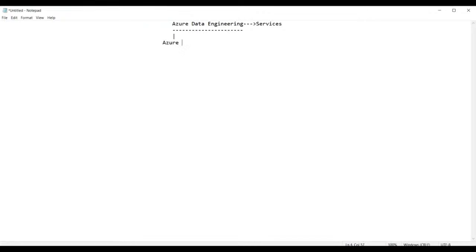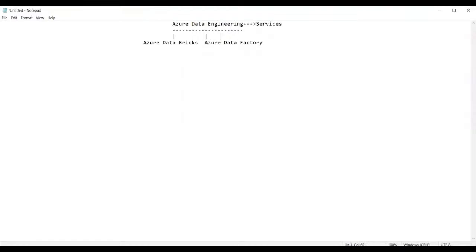We have the first one here, Azure Databricks. Then we have the next one, Azure Data Factory.